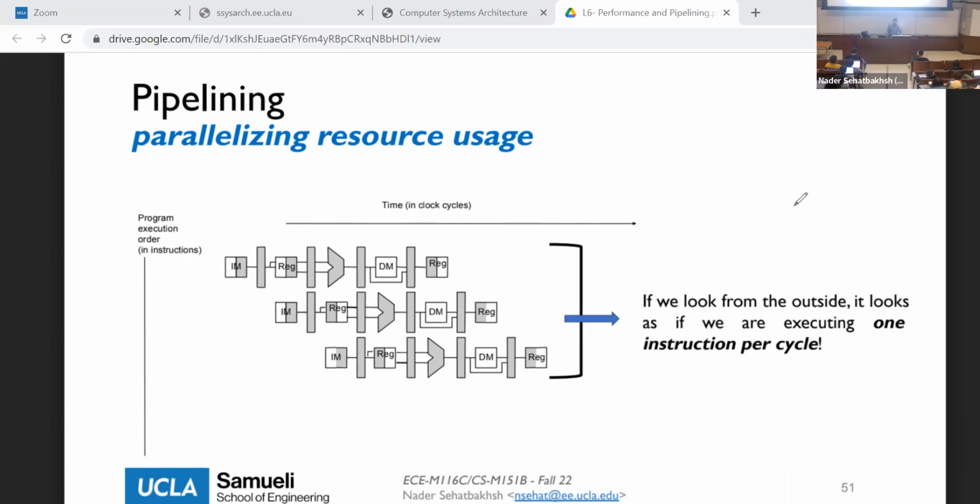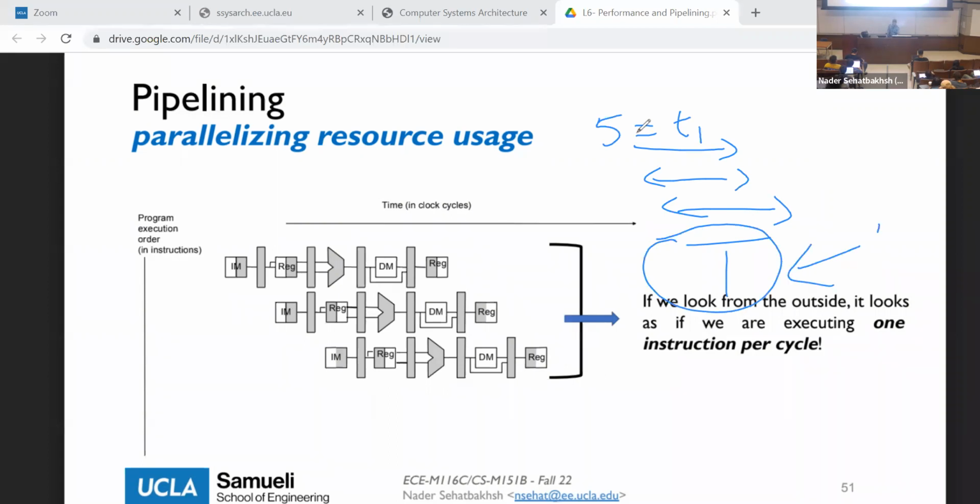So it's exactly that situation where we have this kind of thing, right? So our capital T has been reduced. These individual T's are still 5 cycles, but we are no longer adding them together to get our final T, because now we have concurrency. So this T here is now reduced by a factor of 5. Does that make sense?